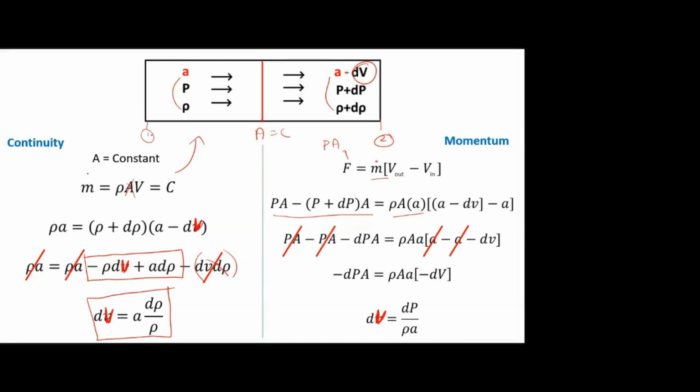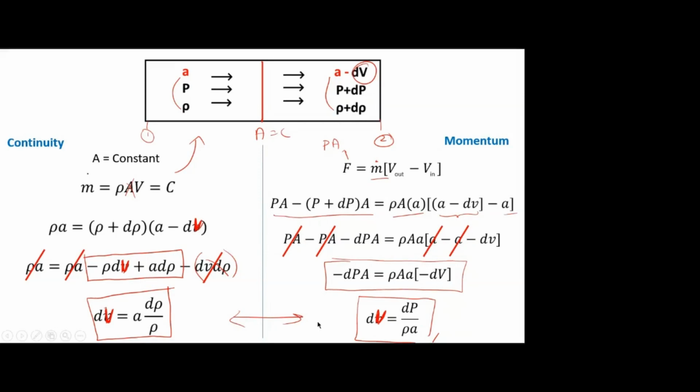I'm taking station 1 because it is simple: density, area, and velocity A. Then V2 minus V1. This is V2, this is V1. If you simplify, we will get this final one. Again, if I write it for dV, I will get dP by rho A. I got two dV equations.